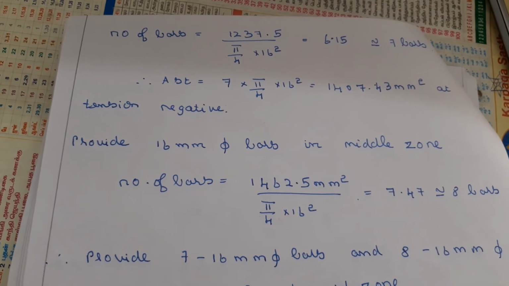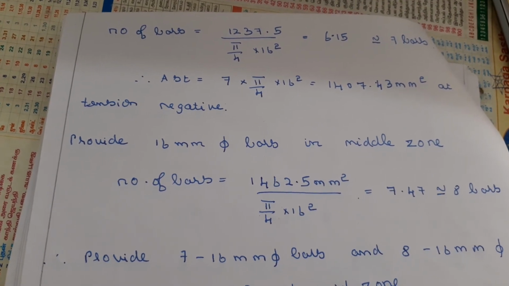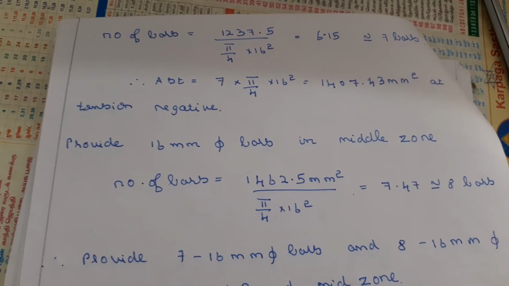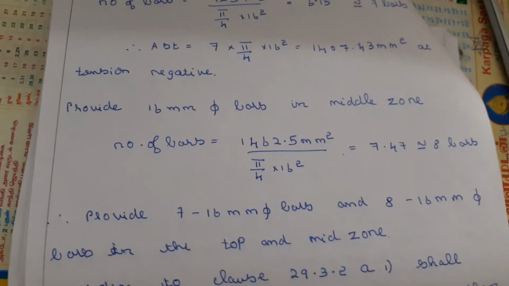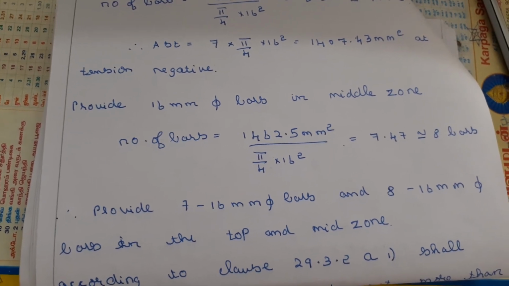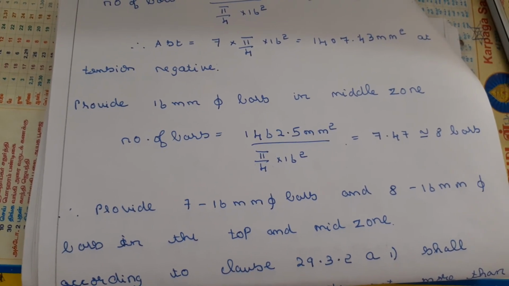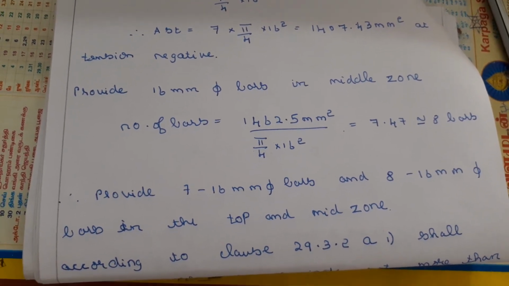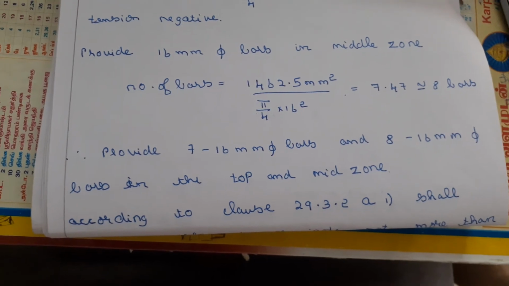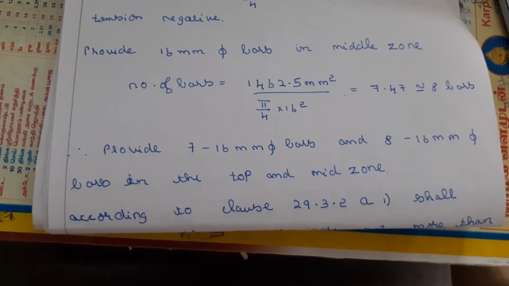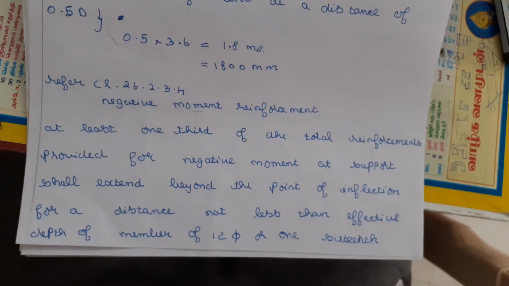So AST tension negative is equal to 7 into pi by 4 into 16 square. Provide 16 mm dia bars in the middle zone. For the middle zone the area is 1462.5, so divided by pi by 4 into 16 squared gives 7.47, which is 8 bars. Provide seven 16 mm bars and eight 16 mm bars in the top and mid zones.